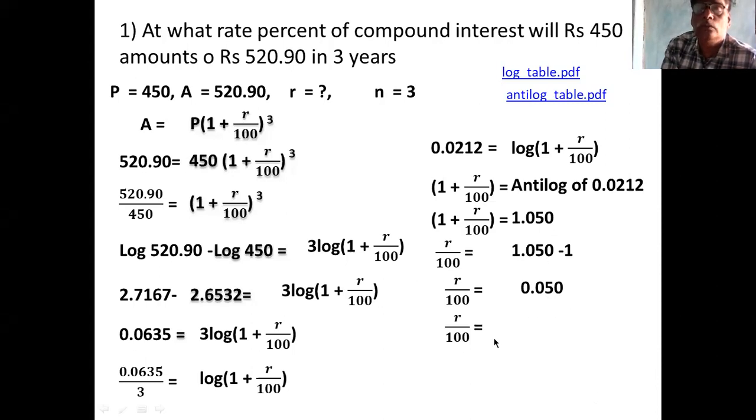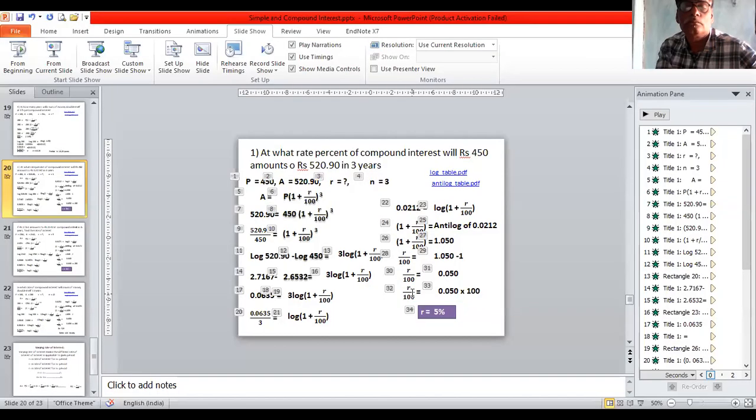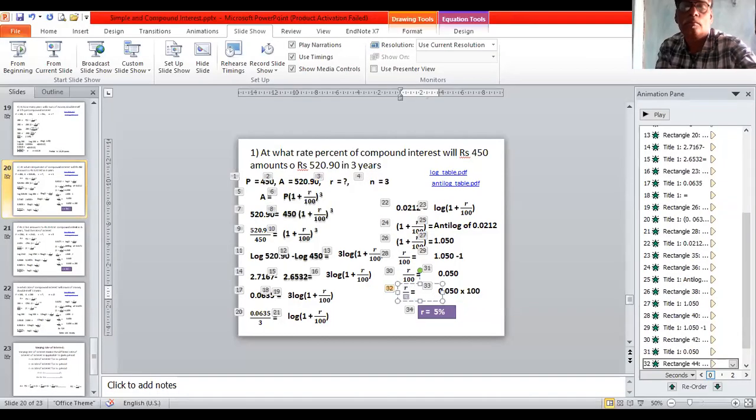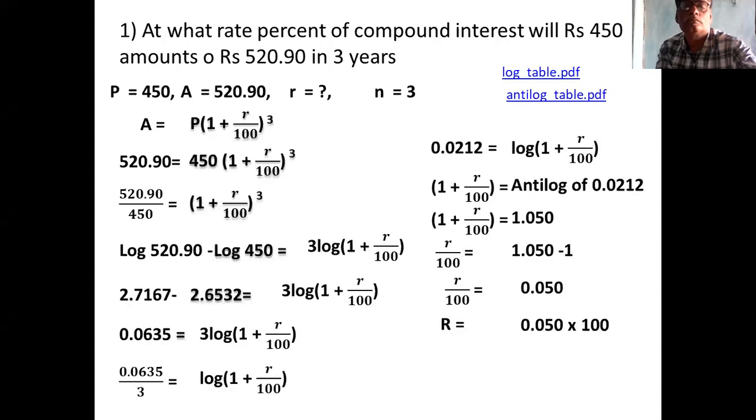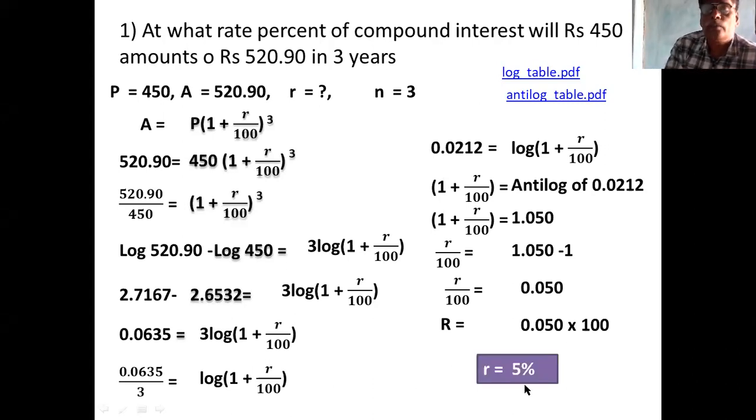So r is equal to 0.050 into 100. So r is equal to 5%.